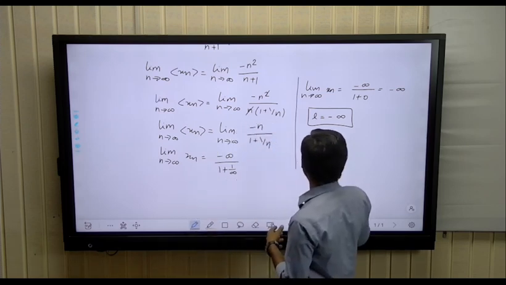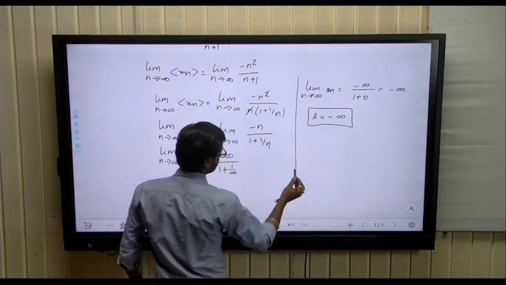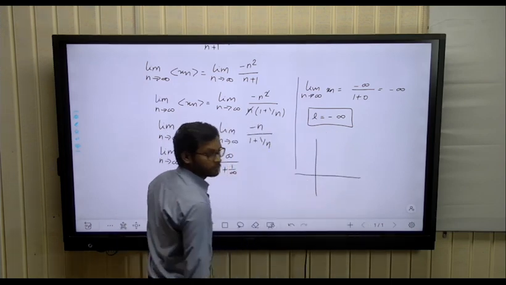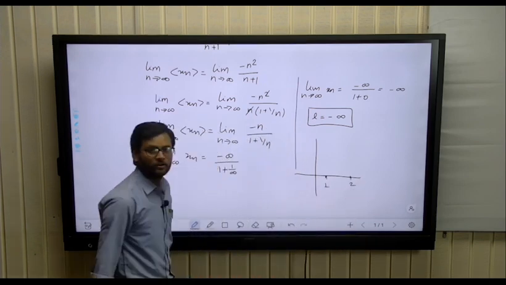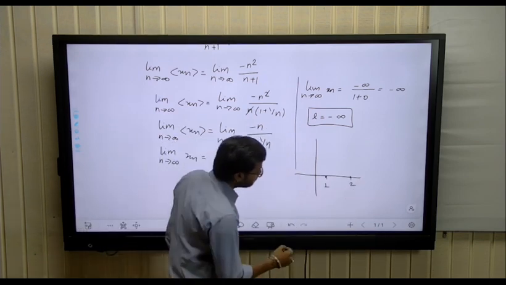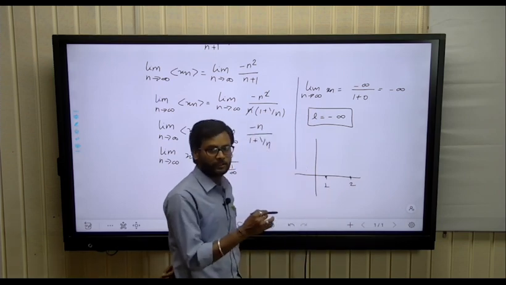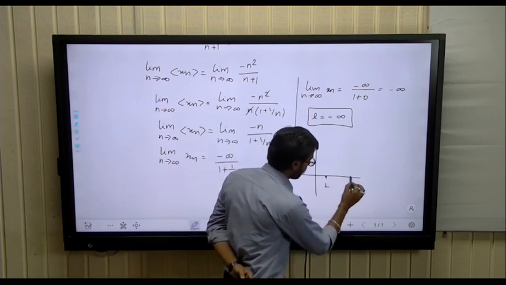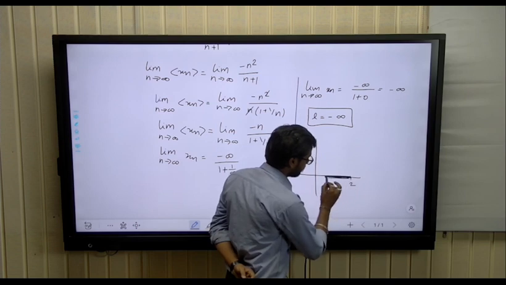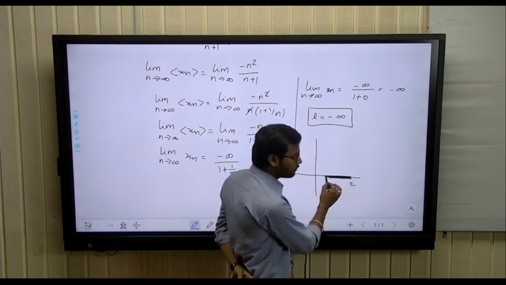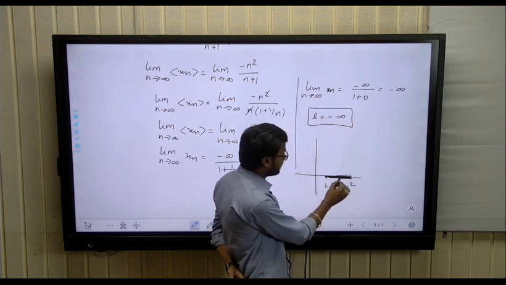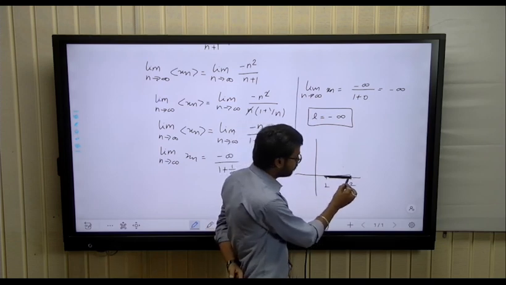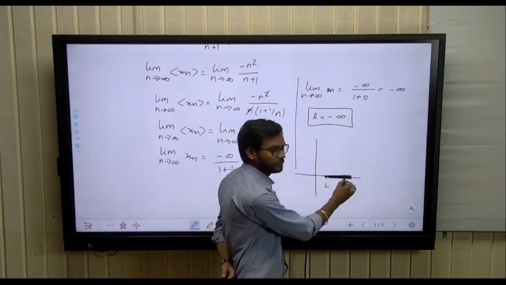Suppose here is 1 and here is 2 on the real line, on the x axis. If the sequence term is oscillating between 1 and 2, it starts from 1, goes to 2, then returns to 1, then goes to 2, then 1, like this.